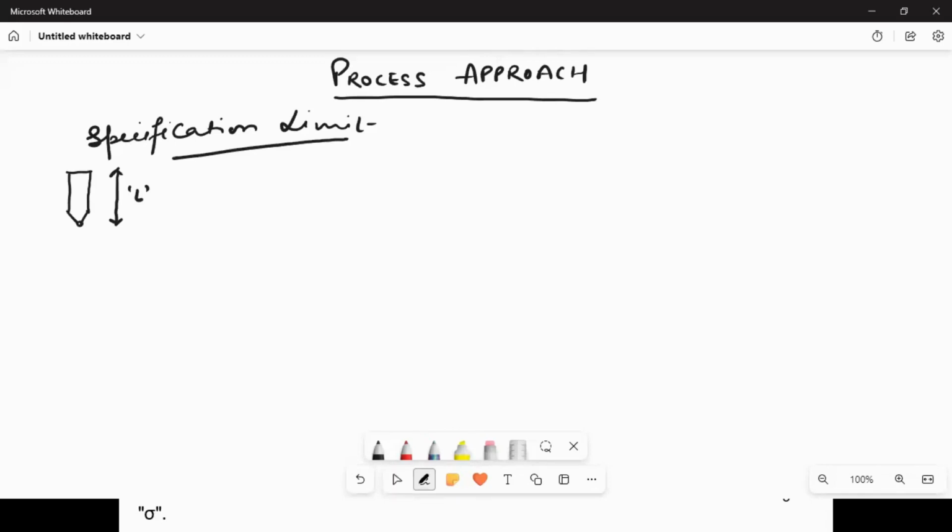You rightly said, Sakshi, the specification limit is the acceptance limit. So he told me that the length of the pen should be within this range.